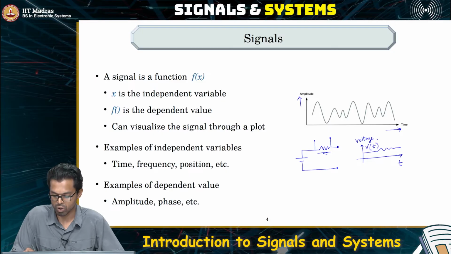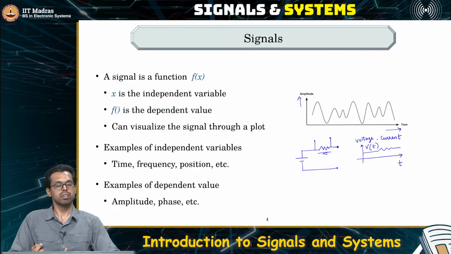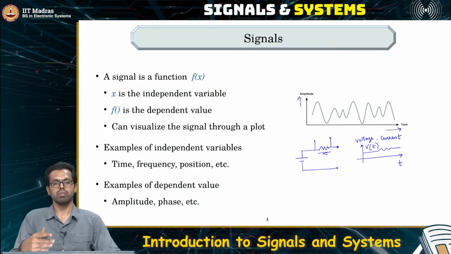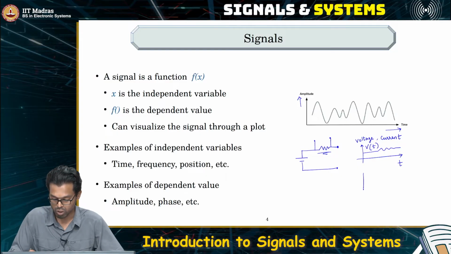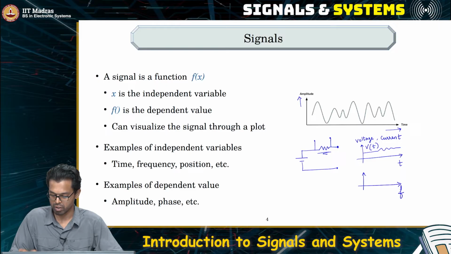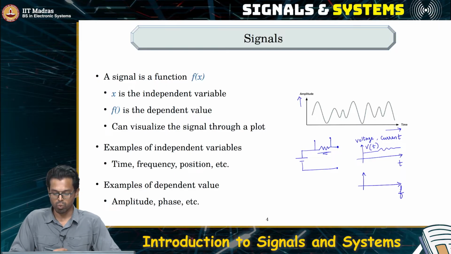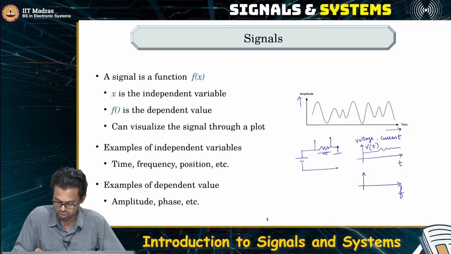Now you can change this also to be current or the power or the heat that is dissipated. So the dependent variable can keep changing, the independent variable can also keep changing. So what would be a different notion of an independent variable? Let's say now I have frequency here. Now we can say, let's say there is a capacitor in this circuit also.